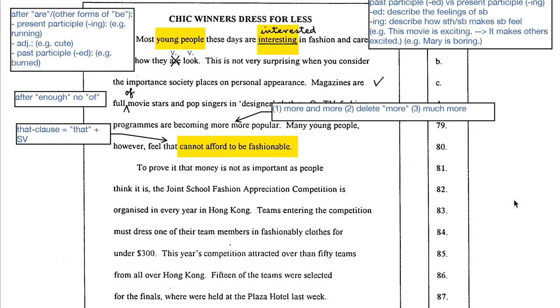A that clause is composed of that and also a subject and verb. For example, I feel that you are angry. So you is the subject, are is the verb, and angry is the subject complement. But here, many young people, however, feel that the subject is missing here. What is the subject? The subject is they. They cannot afford to be fashionable.